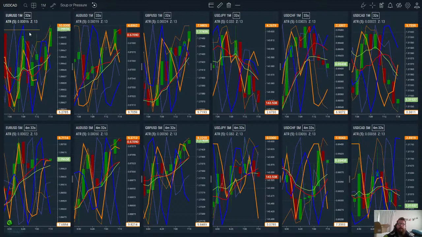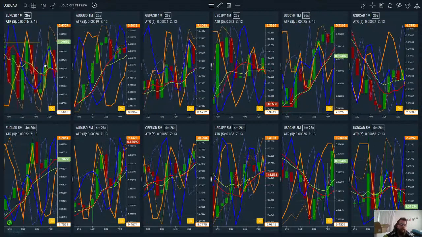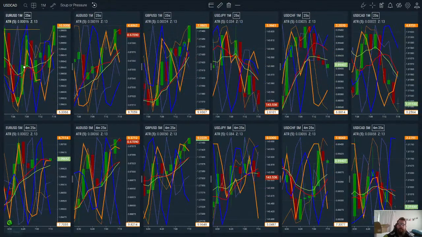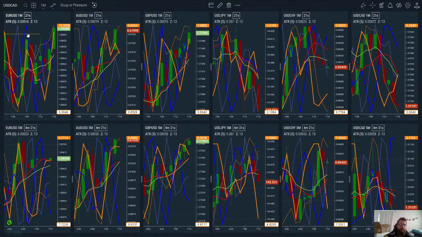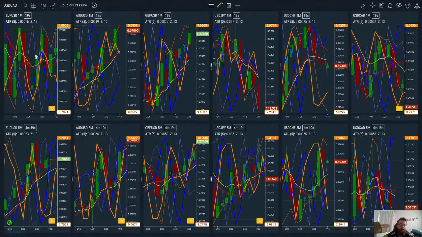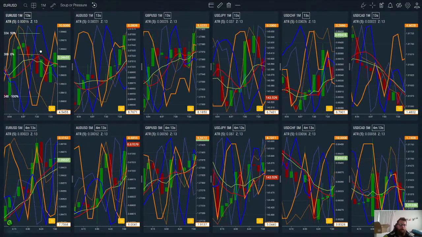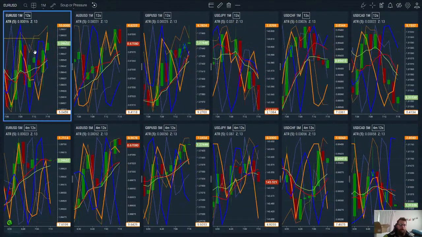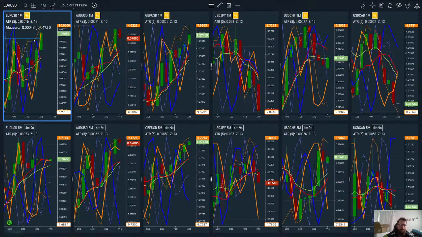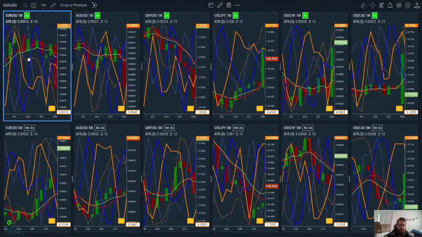Well, this is good. We're almost at our break even on our euro US dollar trade. For some reason, whoa, I'm moving it. Ugh, jeez. It's not quite showing exactly where we are here.